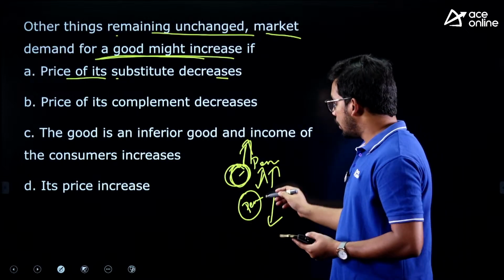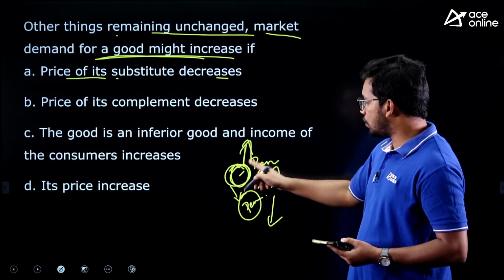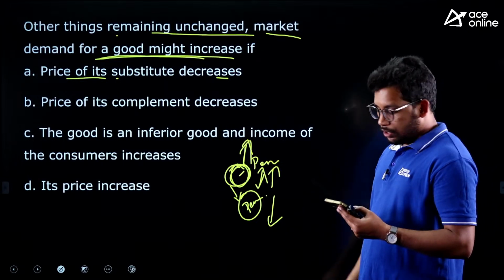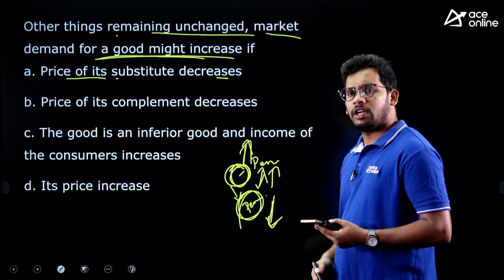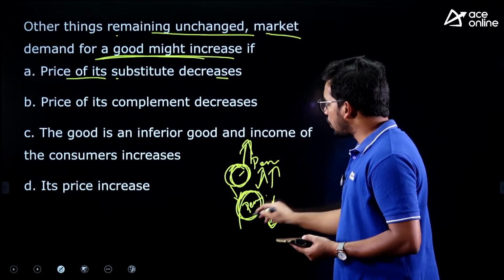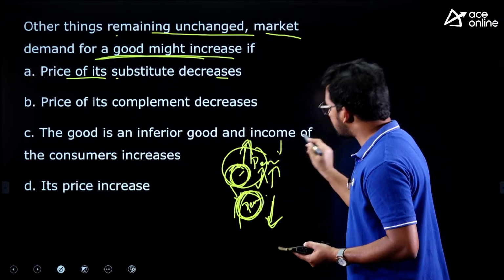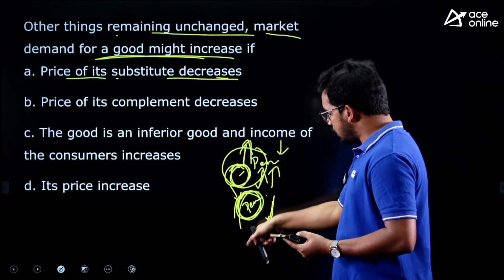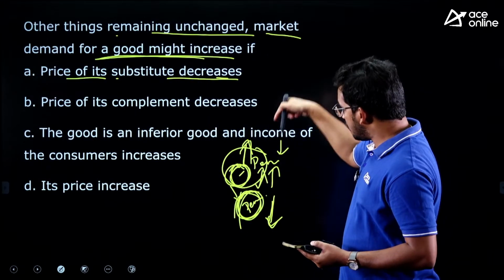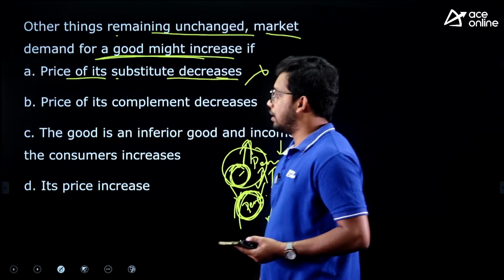No, that's wrong. If the pencil price is decreasing, you will demand the pencil itself because it is cheaper. So the demand for pencil increases and for pen it will decrease. So this statement is wrong. This is not satisfying.